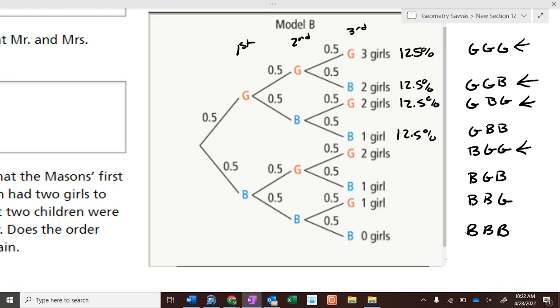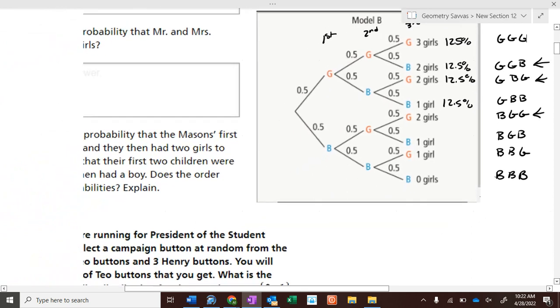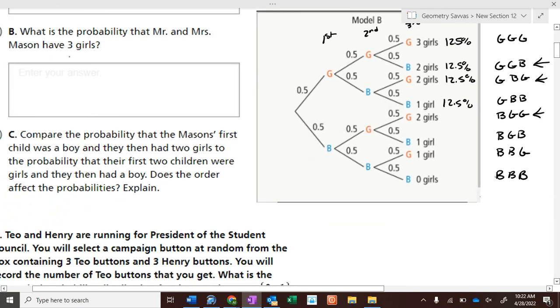So that would be how many of at least 2 boys? 50%, yeah, because it'd be kind of the same. What about exactly 2 girls? Exactly 2 girls. 37.5%. Okay? So, what's the probability that they have 3 girls? 12.5%.